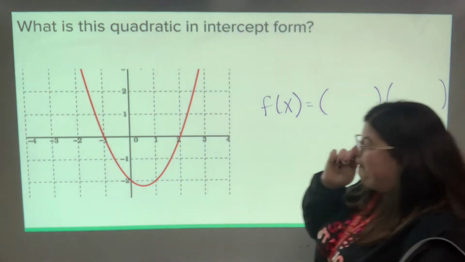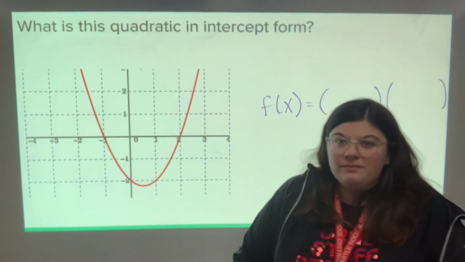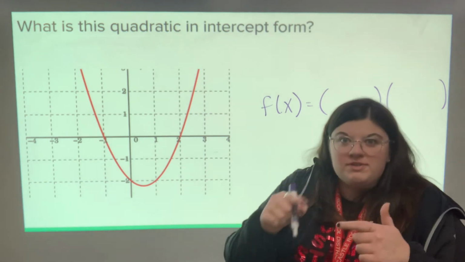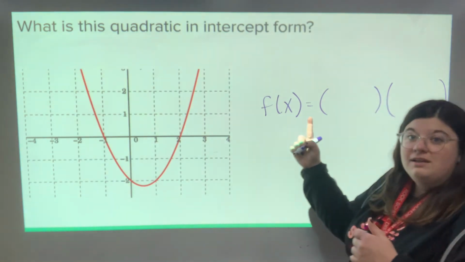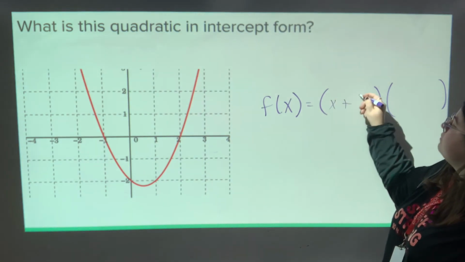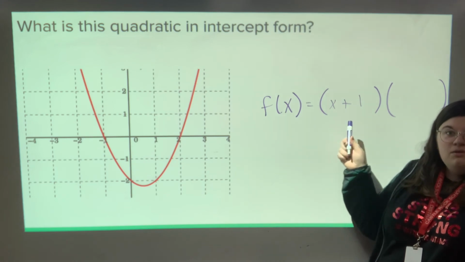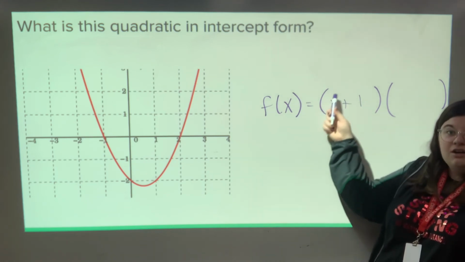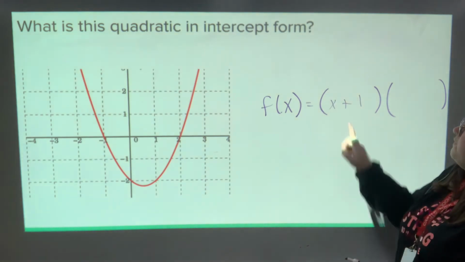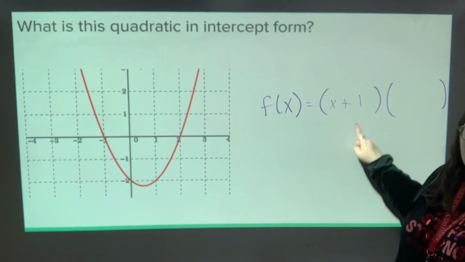Let's take a look. I have one intercept that is at a -1. So if you think opposite of -1, my linear factor here should be x plus 1. And we could check that. Is -1 a value that would make this little chunk equal to 0? If you plugged in -1 for x here, you're going to have -1 plus 1, which is just 0.